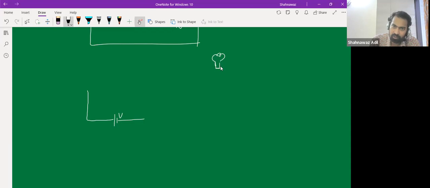This is how you denote the bulb, and this is how you denote the resistance. This is how you denote the capacitance. And this symbol is of what?